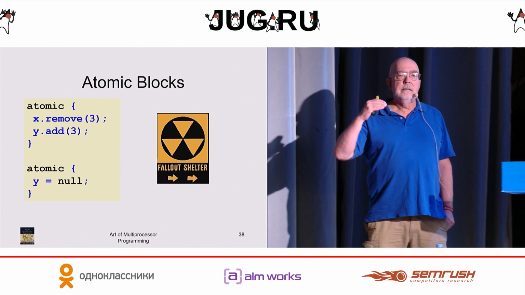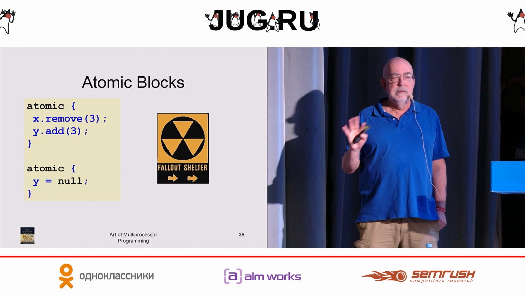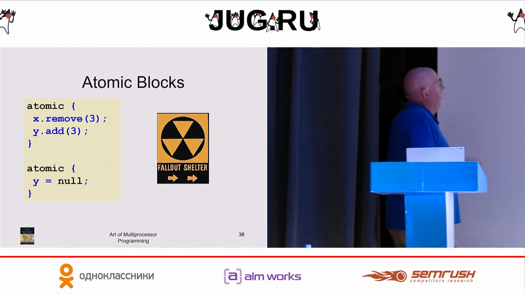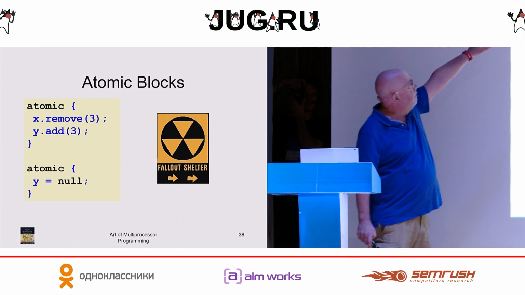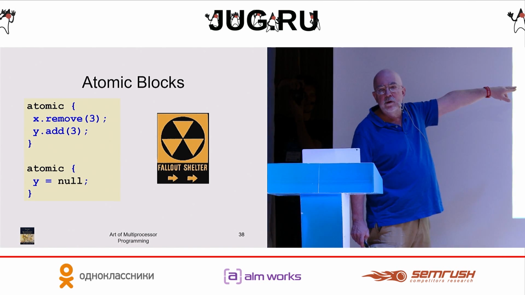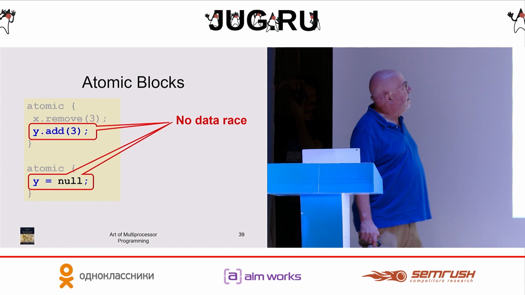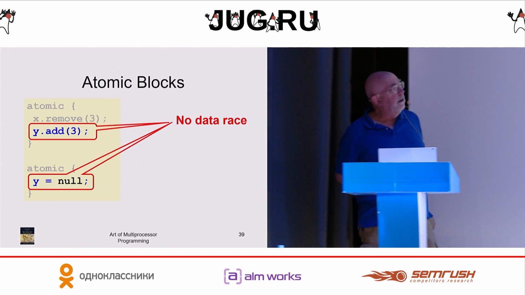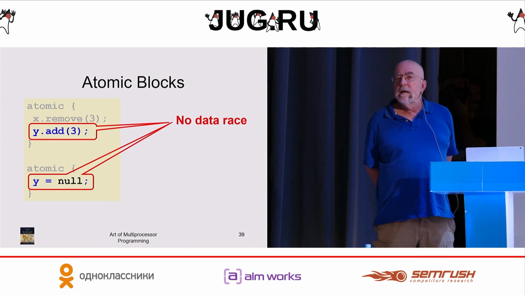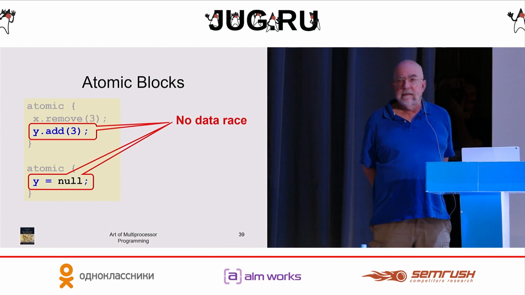It simply says, make these things atomic and let the runtime system worry about it. And here, for example, I remove a 3 from a set. I add 3 to a set. And down here, I concurrently set y to null. And the idea is that if these are inside an atomic block, then there's no data race. It's not an unsynchronized access.